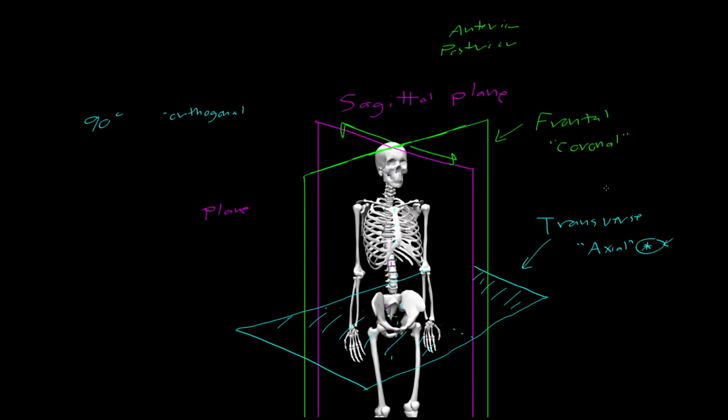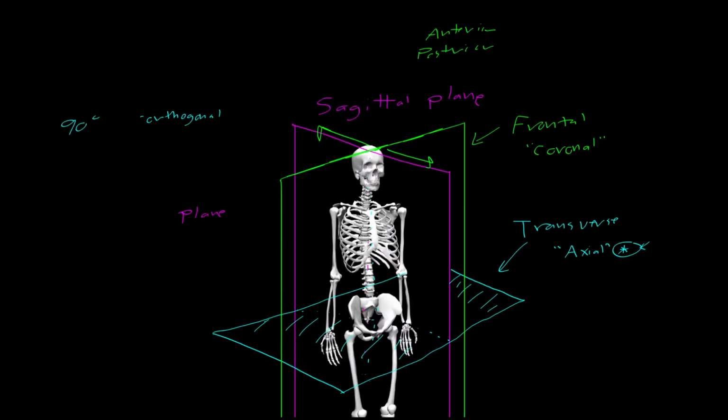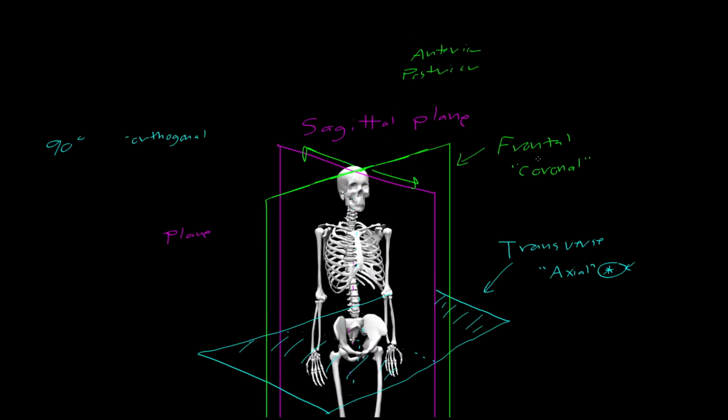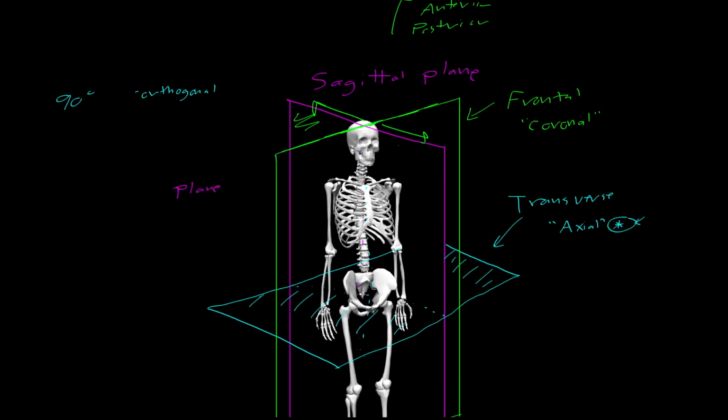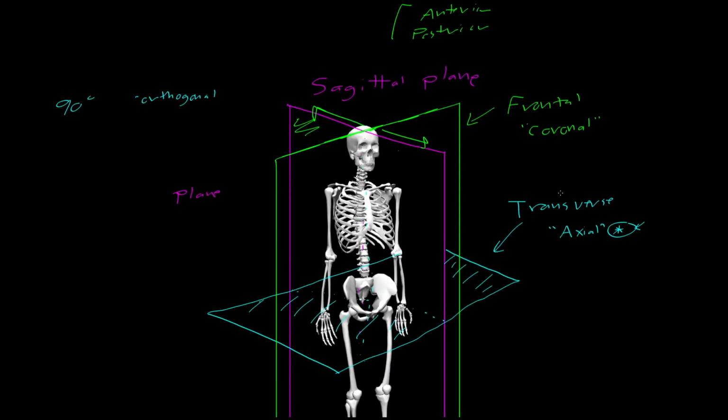I'm immediately realizing that this X-ray is actually mislabeled. So we could talk about the anteroposterior plane. That would actually be the sagittal plane. Probably how this X-ray is supposed to be labeled is mediolateral, because mediolateral is like moving either this way, inside, or towards lateral, towards the outside.